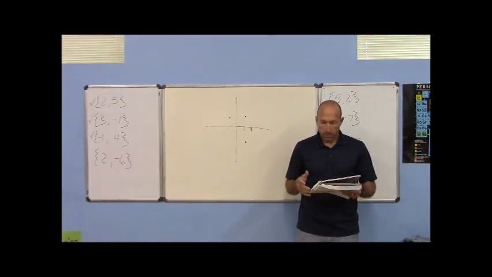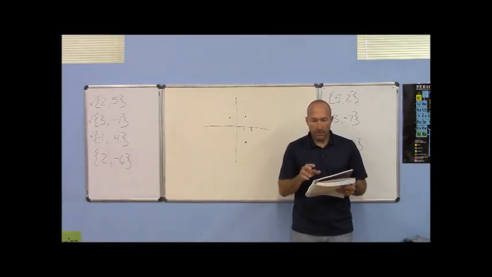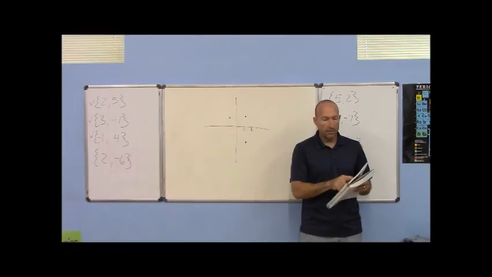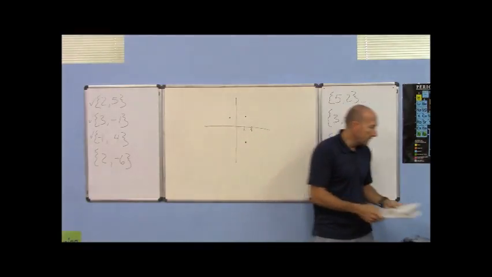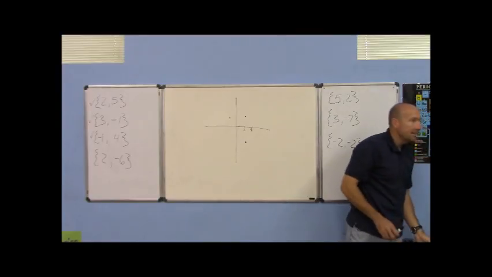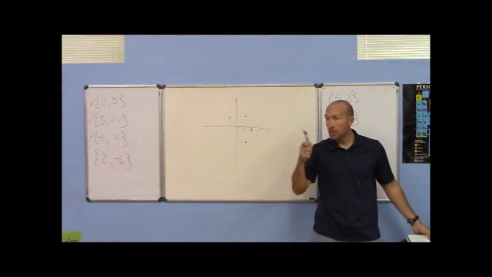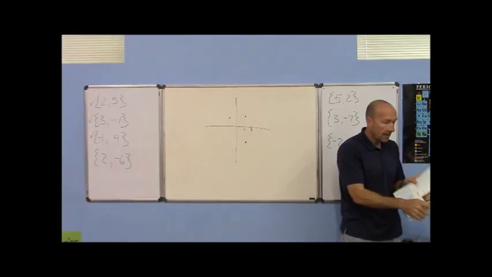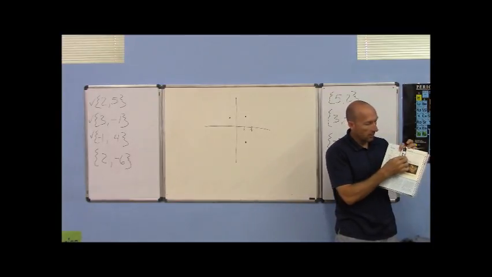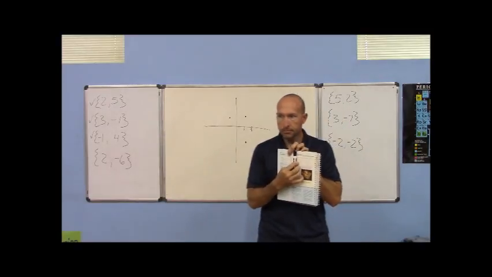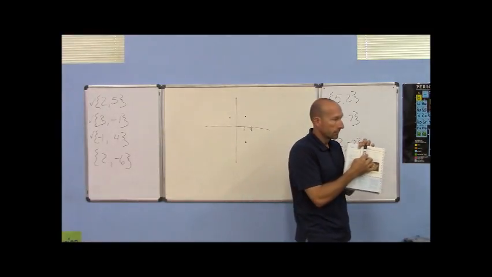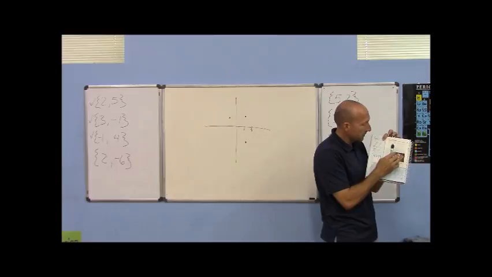So, if we look up at the 2 examples up above, on the very top of our book, what we can do is what's called a pen test. Take your pen or pencil, lay it flat on the far left side of the Cartesian plane, and then move it across.